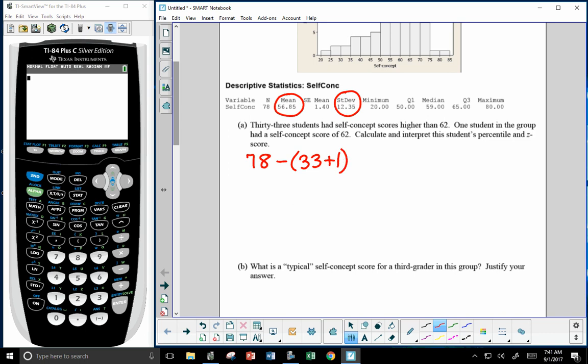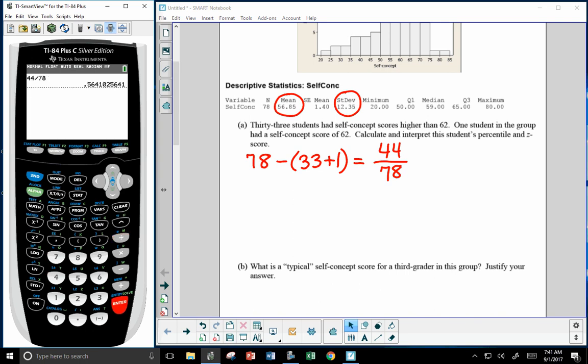Okay, so 33 plus 1 is 34, and then 78 minus 34 would be 44, and then we want to see what percentage is that out of 78. So we do want to divide the 44 divided by 78, gives us 0.5641. So we would say, rounding that, that's about the 56th percentile, okay?